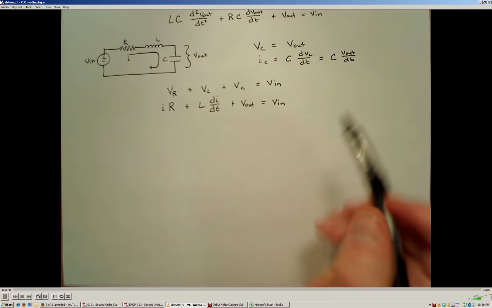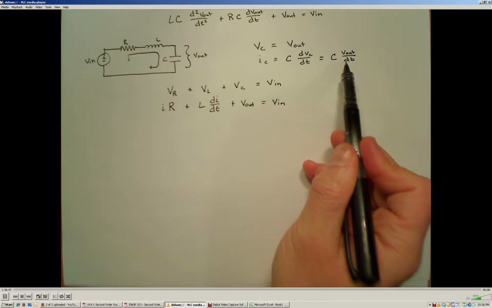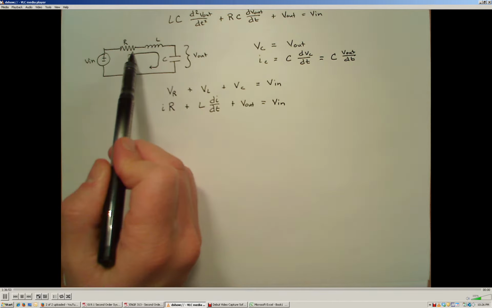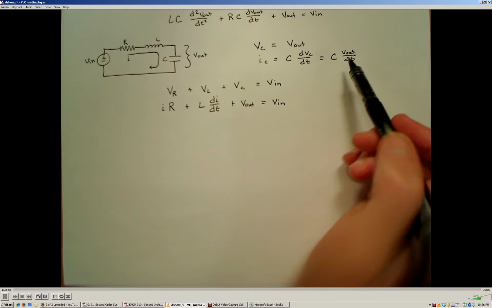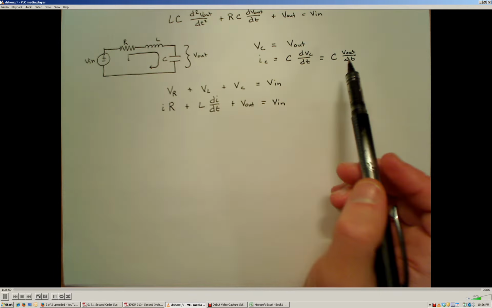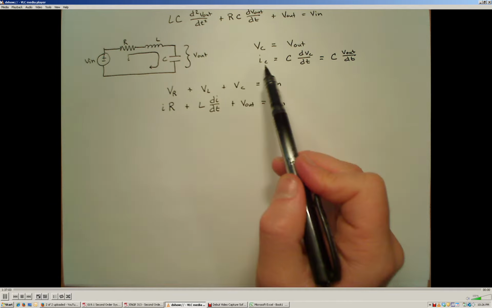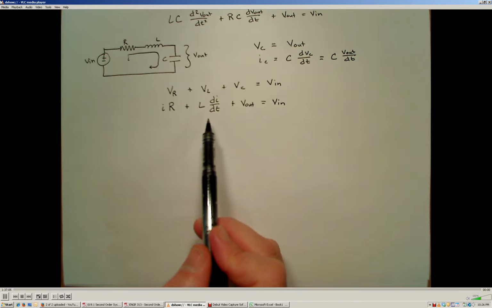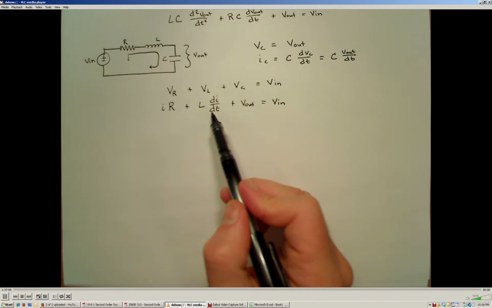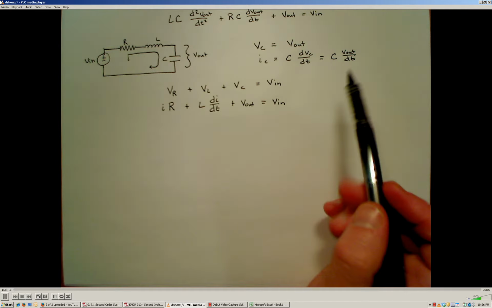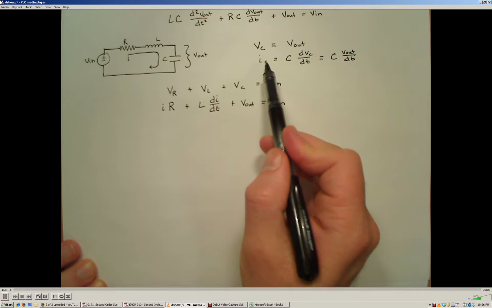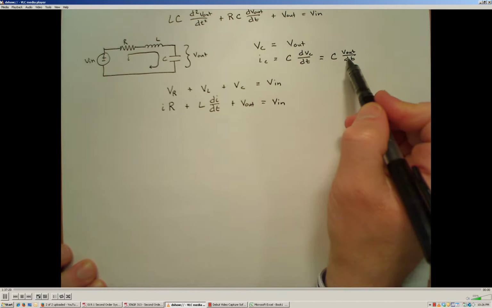So now I can substitute this in because the current through the capacitor is the same as the current through the inductor and the resistor, as well as the current supplied by the supply. Everywhere I see an I, I can plug that in. Of course, I'm going to have to take the derivative of this term as well to substitute it into this relation. So taking this definition of current and how it relates to the output voltage, I plug that in here.